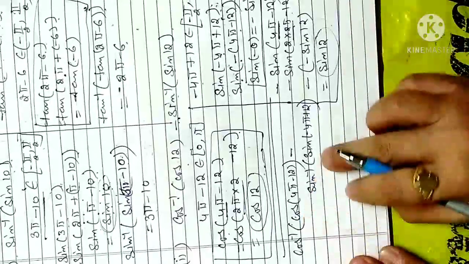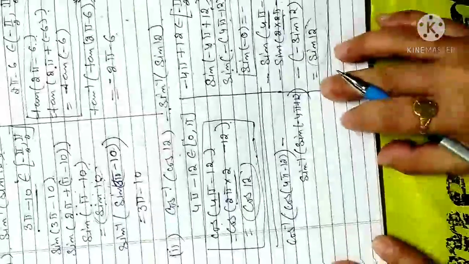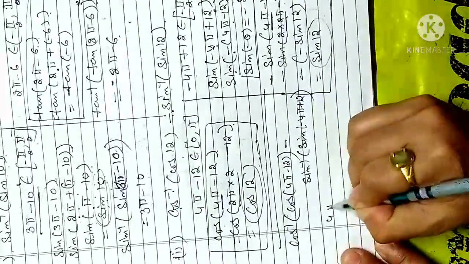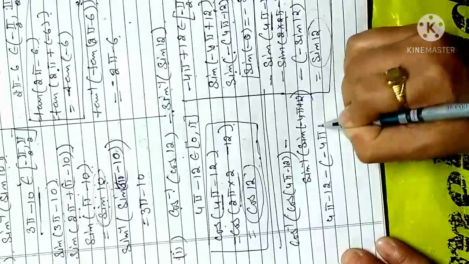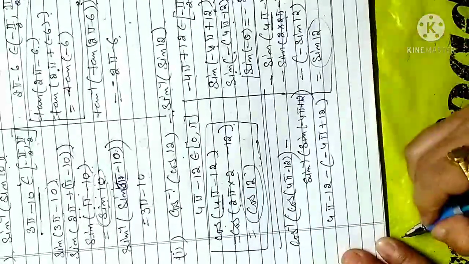Okay, so this sine will be cancelled and cos inverse cancelled with the cos. So 4 pi minus 12 minus the quantity minus 4 pi plus 12 is left.